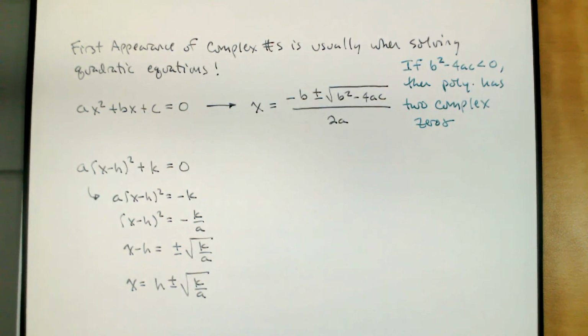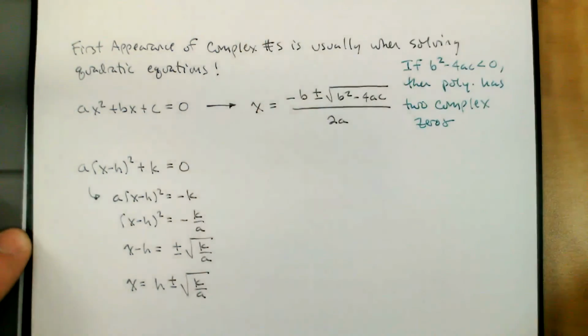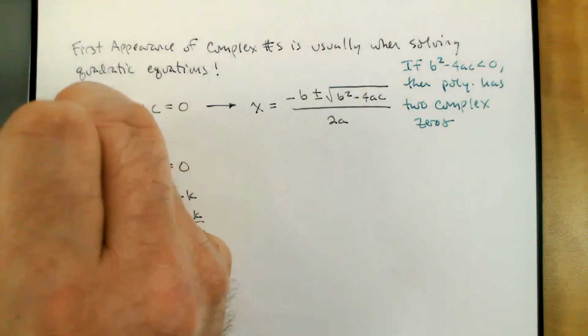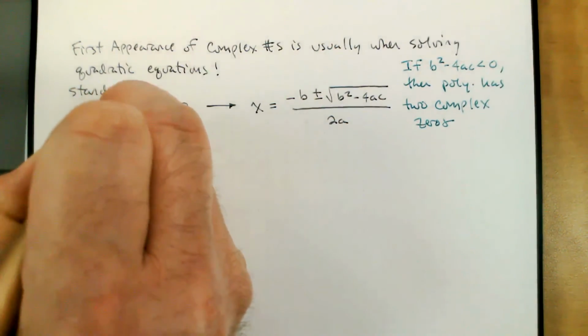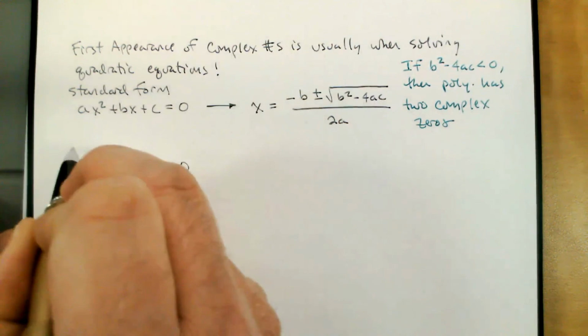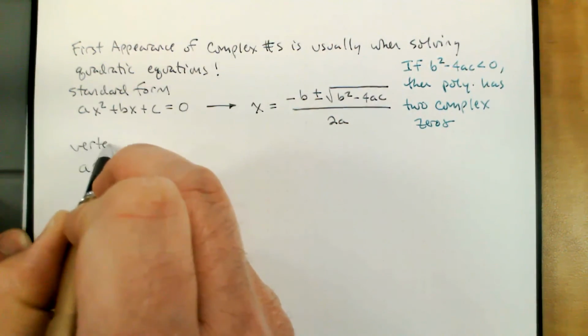You may recall, although you might have put it out of your mind, that we can go from that standard form at the top into the vertex form with a process called completing the square. So this is standard form, and the second one is vertex form.